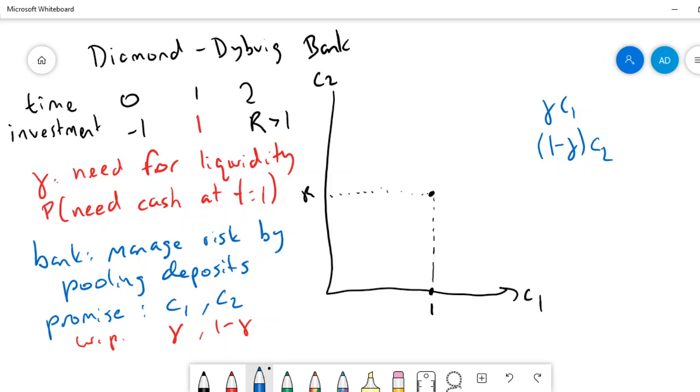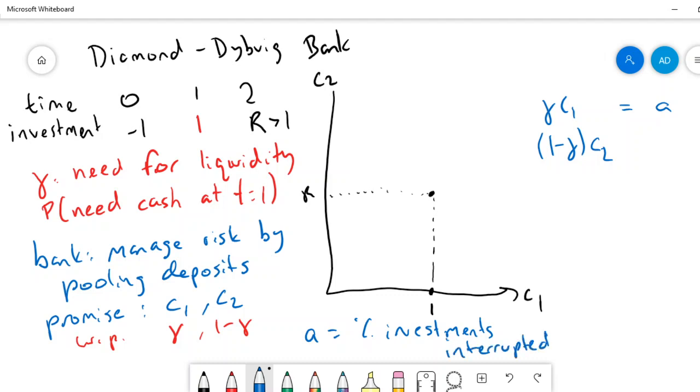So let's think about how the bank meets that need for cash. I'm going to call A the fraction of projects that get interrupted. The bank, to meet the need for cash, is going to have to interrupt some of the investments.